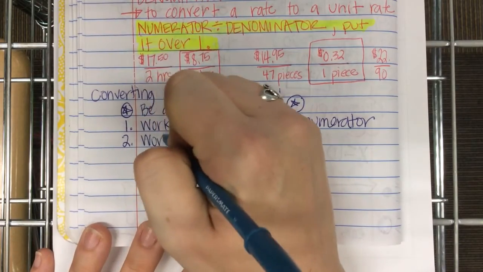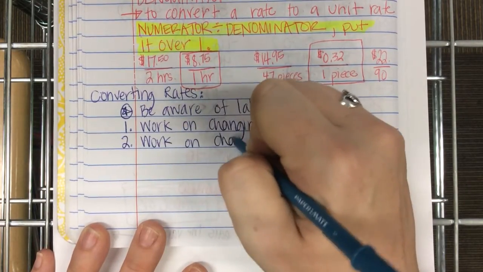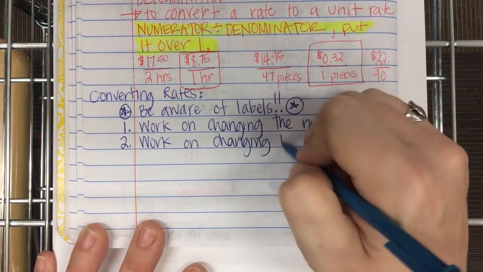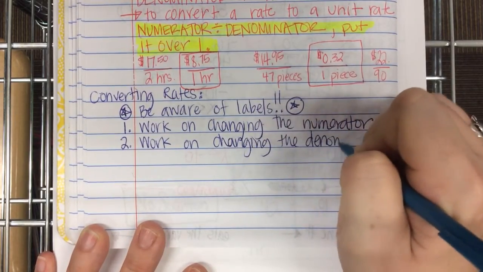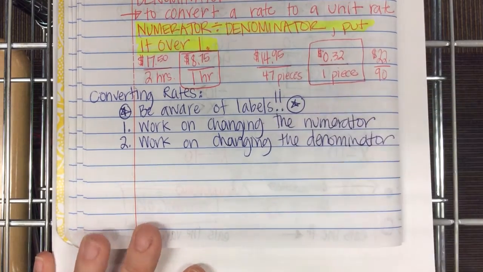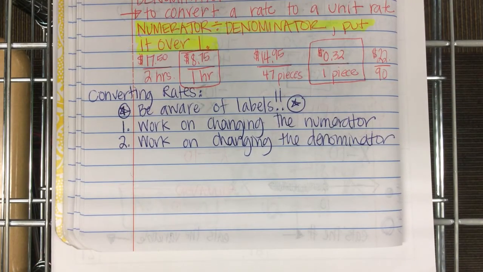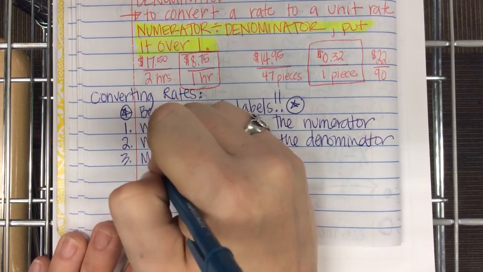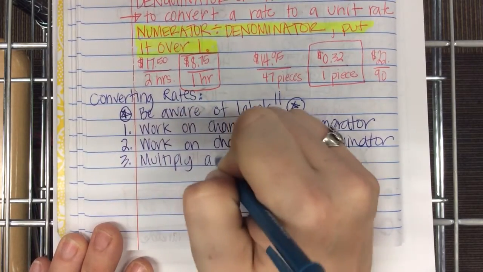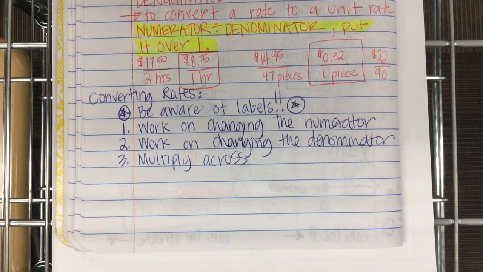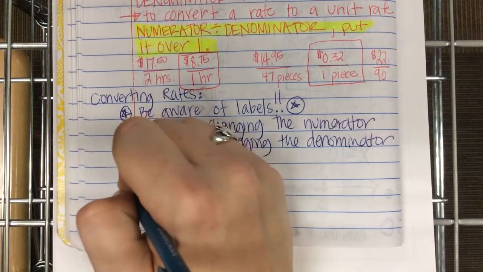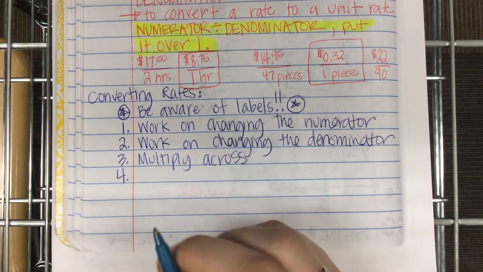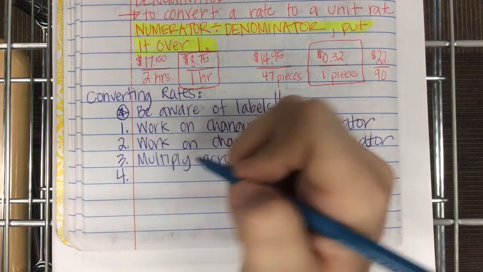After you change the numerator, you need to work on changing the denominator. Number 3 is multiply across. And number 4 is simplify.